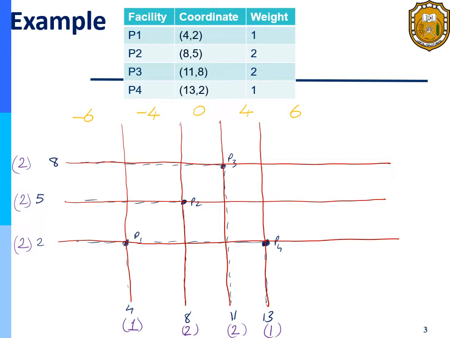Now I need to do the same thing for the rows. For this one, as you can see, to the bottom there is nothing. To up, 2 plus 2 plus 2, it is 6. And pull towards up is negative, so this is minus 6. For this one, down 2, up 4, so it will be minus 2.